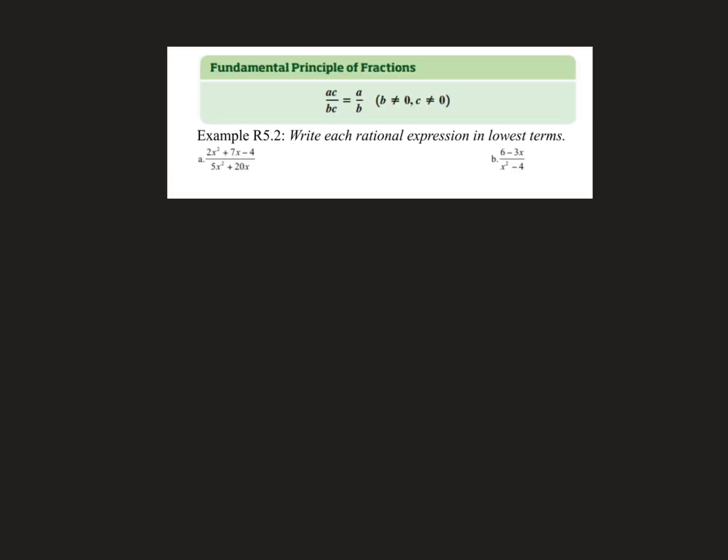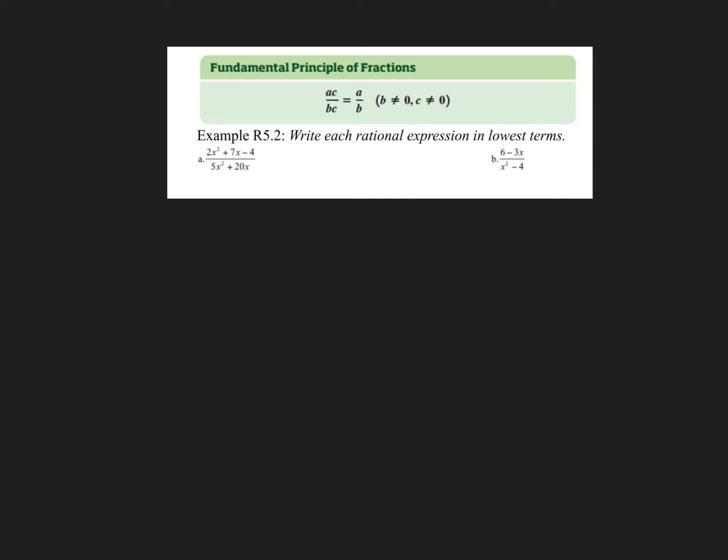They mention here the fundamental theorem of fractions, or the fundamental principle of fractions, and it's essentially just this, that if your fraction has some kind of common factor on the numerator and denominator, we can cancel those two factors out, of course, presuming that the factor wasn't 0, because again, we would have been dividing by 0, right? So they show you this here as AC over BC is equal to A over B, assuming we don't divide by 0, which is the assumption B does not equal 0 and C does not equal 0.